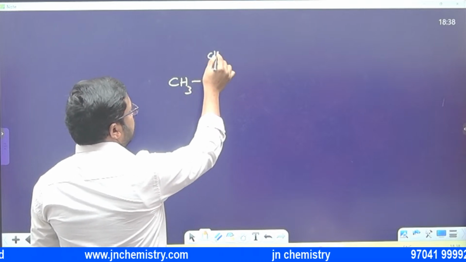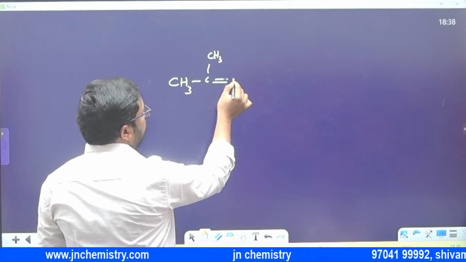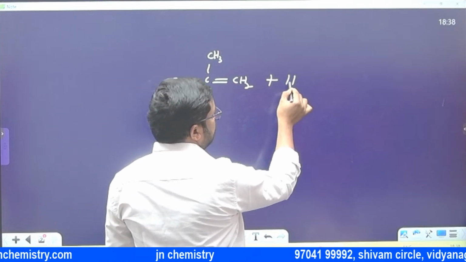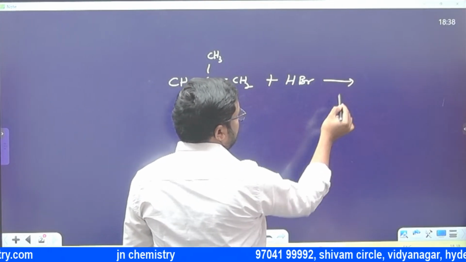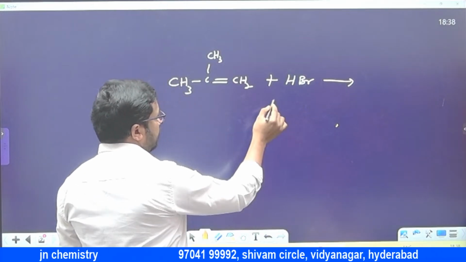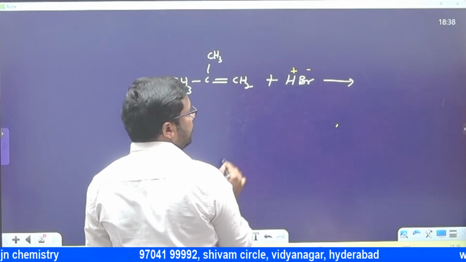(CH3)2C=CH2 plus HBr. Now what exactly happens? First H plus and Br minus form, right?